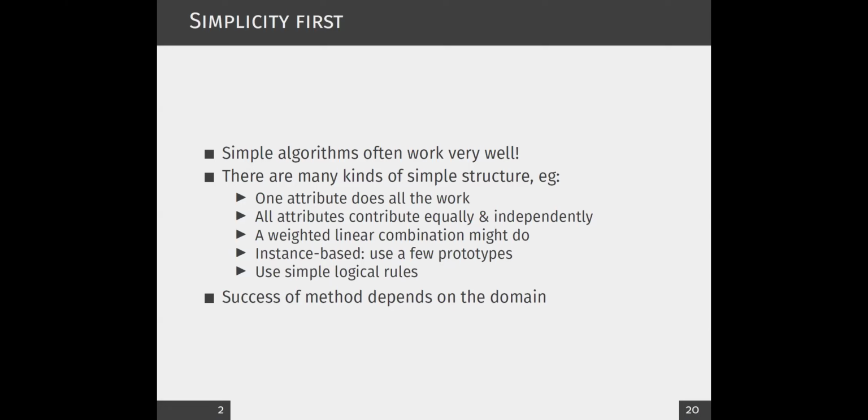Third, a weighted linear combination might do, which means, for example in a numerical prediction problem, a simple linear combination of weights is enough. That is another paradigm, which we'll discuss separately later. Fourth, instance based.